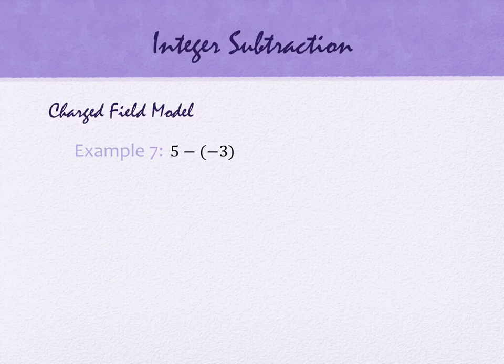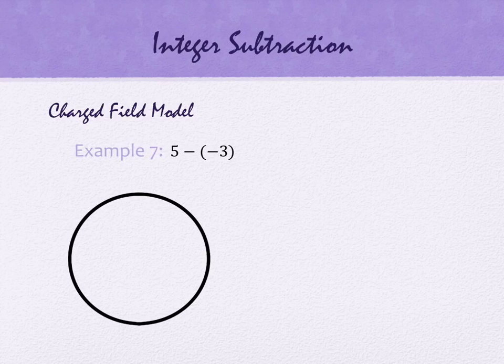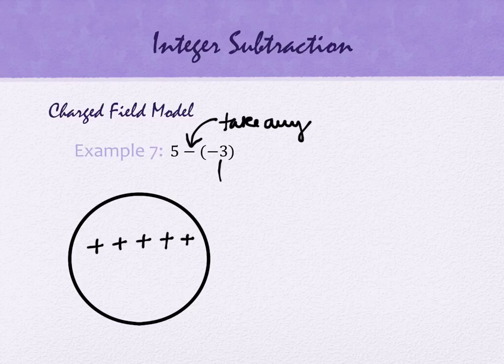All right, so we're going to do the same thing now, but we're going to do it with a charged fields model. We talked last time about the fact that charged fields models are very, very similar. So the 5 at the beginning tells me, what do I have in my circle? 5 positives. And then, of course, the subtraction sign means I need to take something away. I need to take away 3 negatives, but I don't have 3 negatives, right?